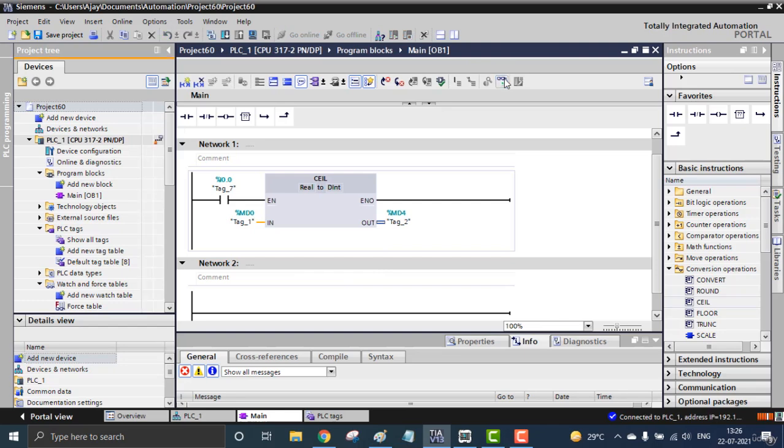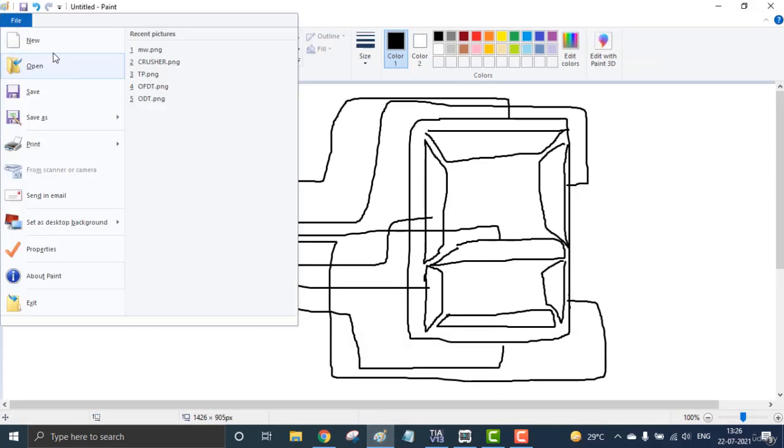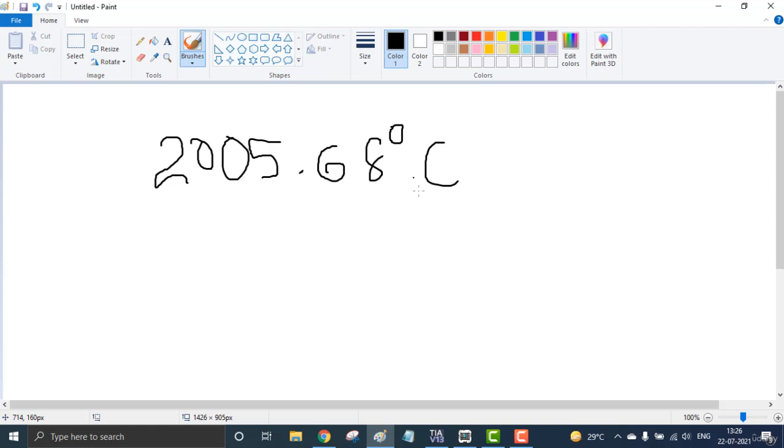This kind of round, ceiling, truncate and scale blocks are used for converting analog inputs. Like if you do have a temperature of 2005.68 degrees Celsius or Fahrenheit, whatever.